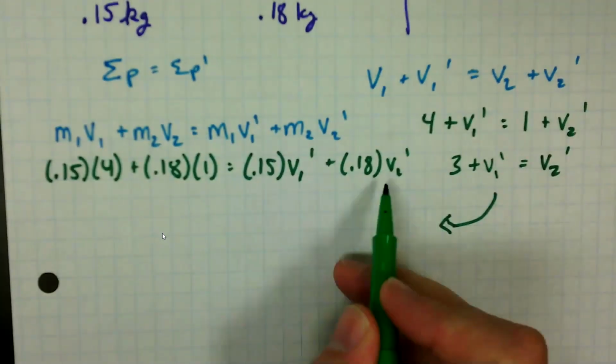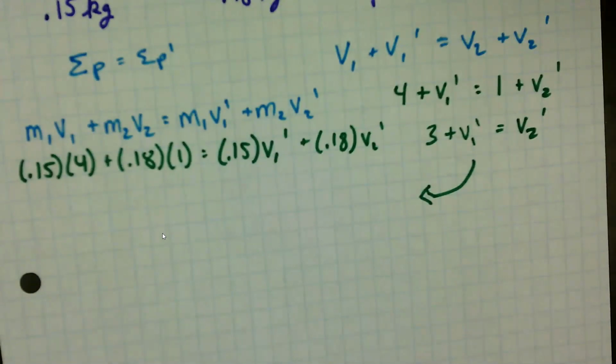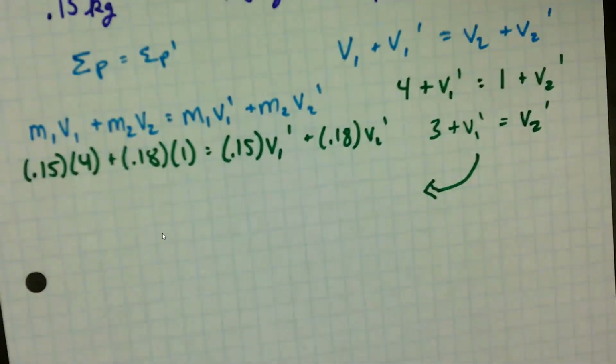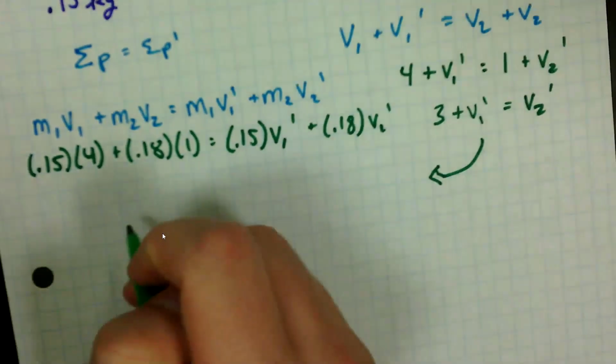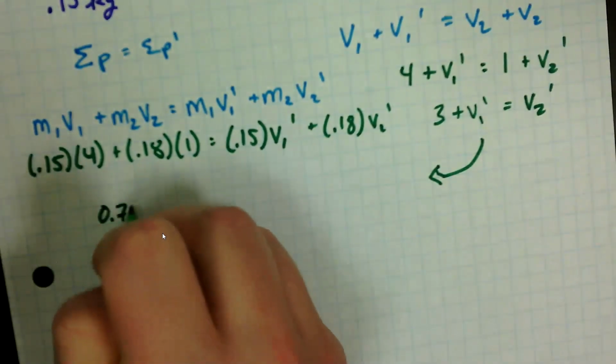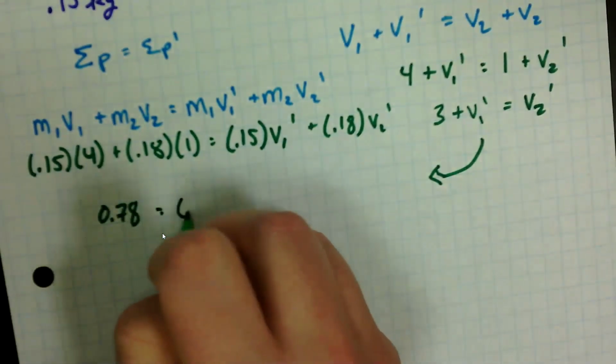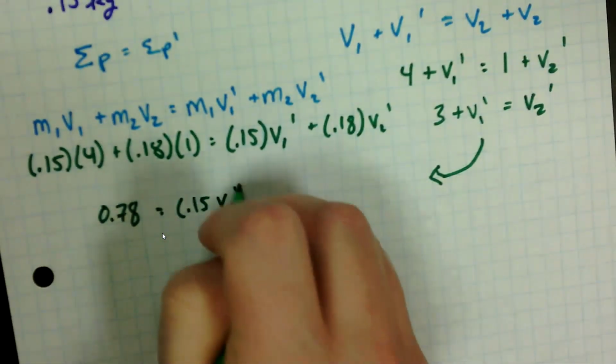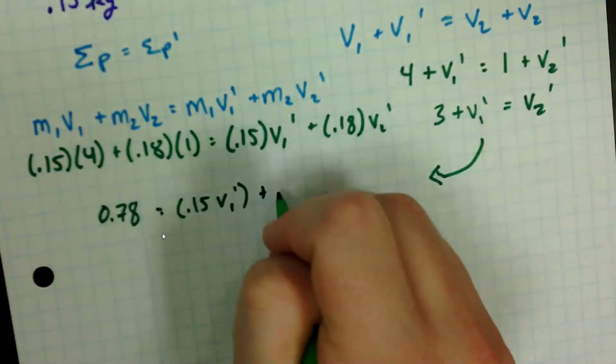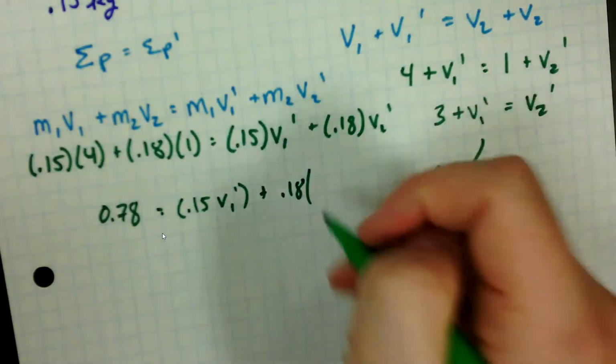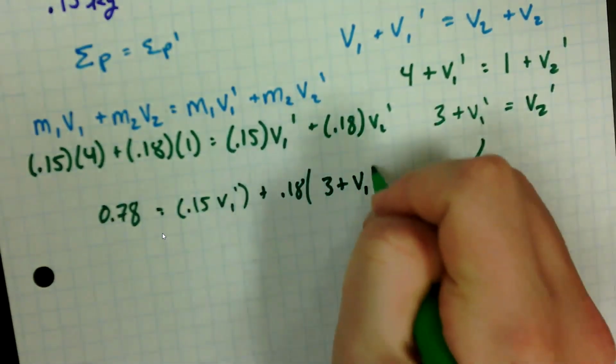So I'm going to plug that in for V2 prime. Let me make this side of the equation less of a pain. So I think this side of the equation simplifies to 0.78 equals 0.15 V1 prime plus 0.18 times the quantity of 3 plus V1 prime.